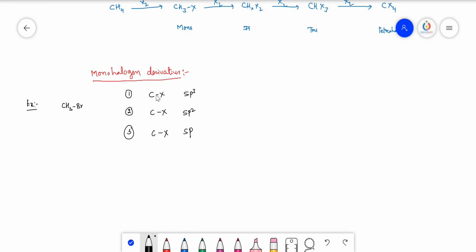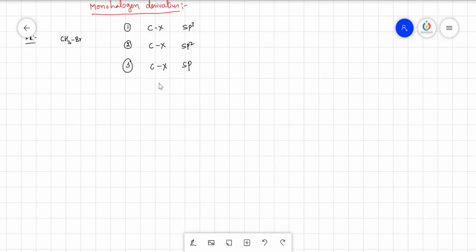So these monohalogen derivatives are classified into three categories: halogen derivatives with sp3 hybridized carbon, with sp2 carbon where halogen is bonded, and compounds where the halogen atom is bonded to an sp hybridized carbon. Now let us take the first category.